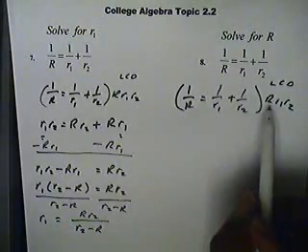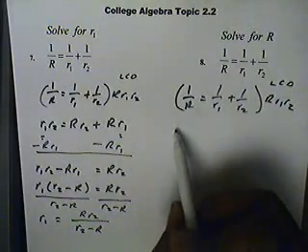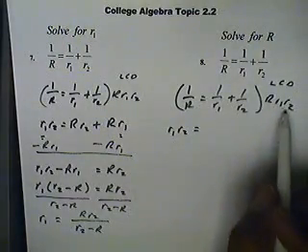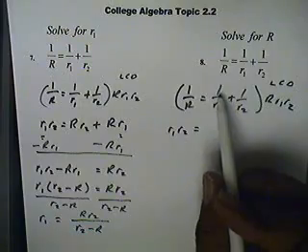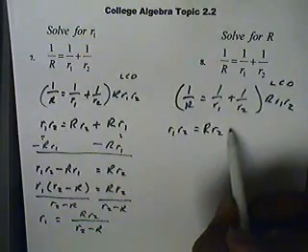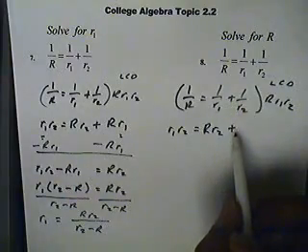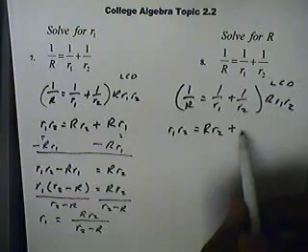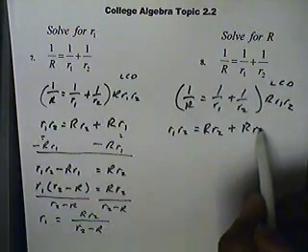Okay, so LCD divided by R leaves us with R1 R2. The LCD divided by R1 times 1 leaves us with R R2, plus the LCD divided by R2 times 1 leaves us with R R1.